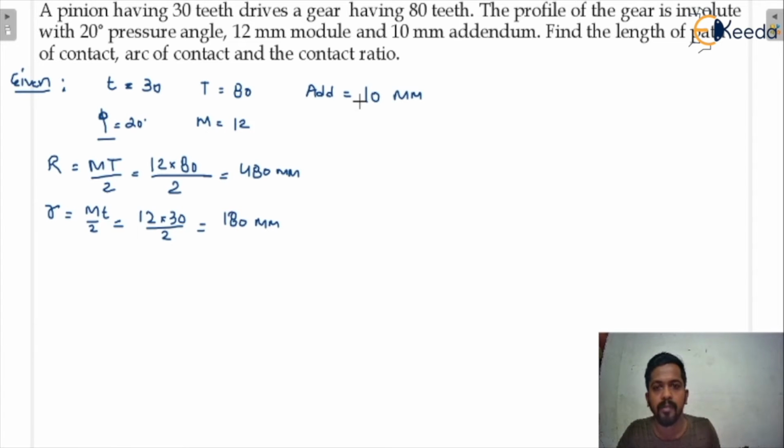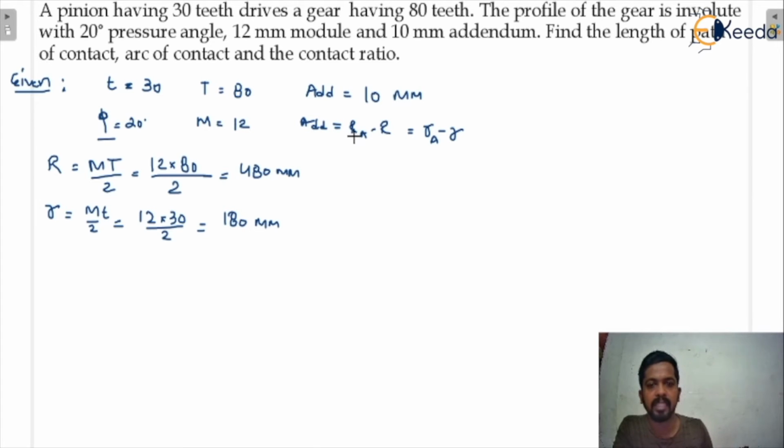Now we have the value of the addendum, that is 10. Using the addendum value, we can calculate the radius of the addendum circle. Yes or no? Because we know that addendum is equal to RA minus R. We can calculate this.